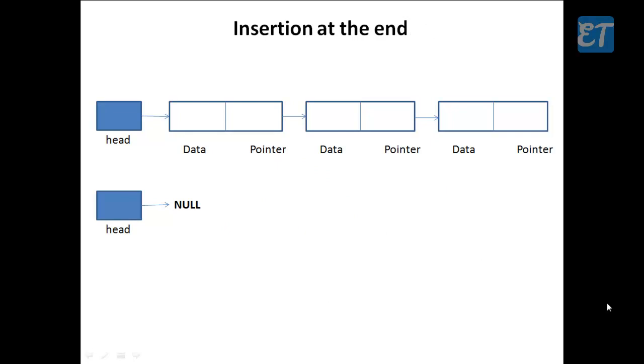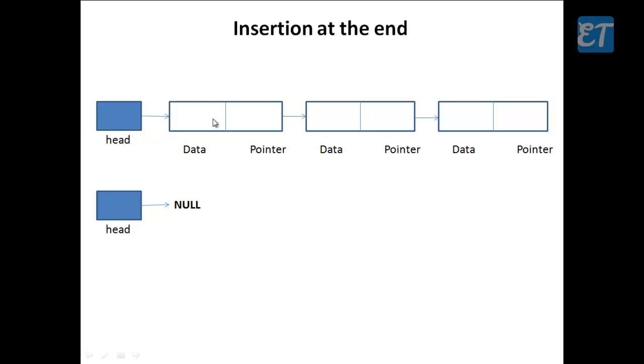Insertion at the end. That means we need to attach a new node at the end of the existing singly linked list. Here also we have two situations. First, we have a full-fledged singly linked list in which many nodes are there.